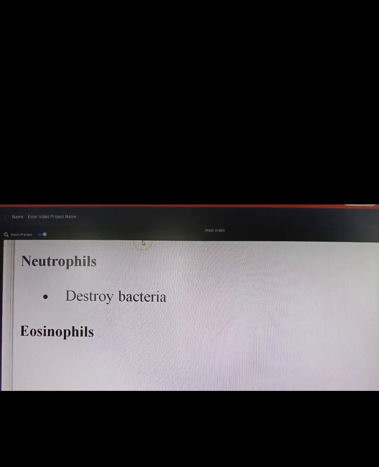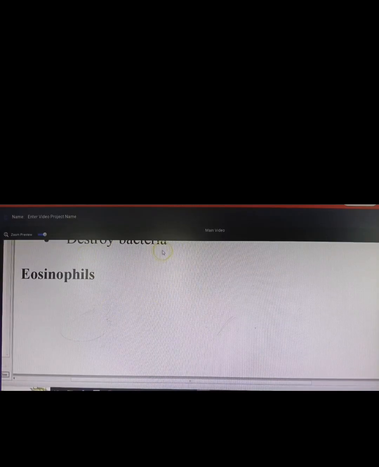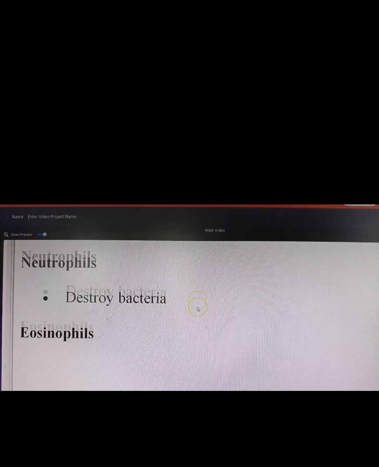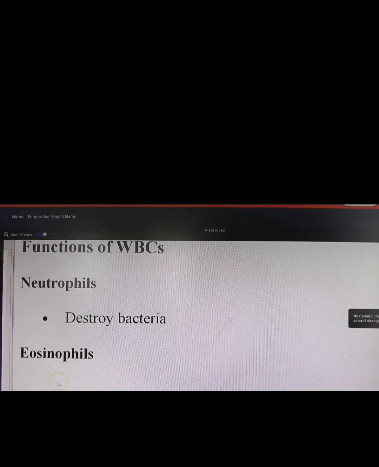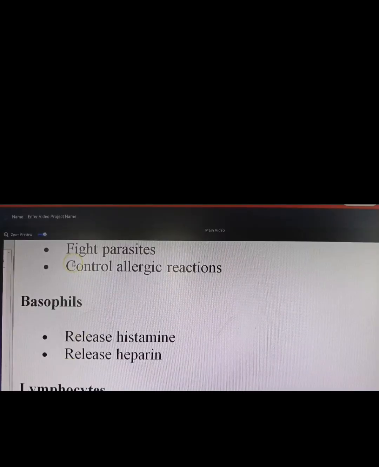Now we will see functions of WBCs. What will neutrophils do? Neutrophils will destroy bacteria which are present in our body or blood. Next one is eosinophils. Eosinophils fight parasites which are present in our body, and also control allergic reactions. Next one is basophils.